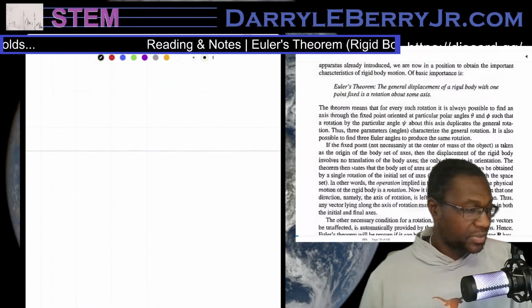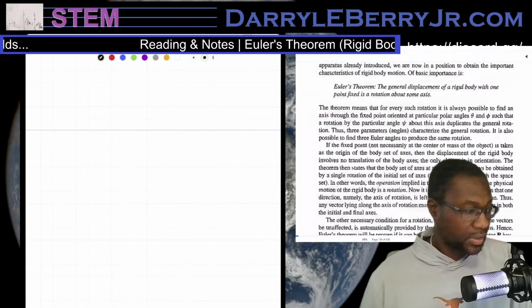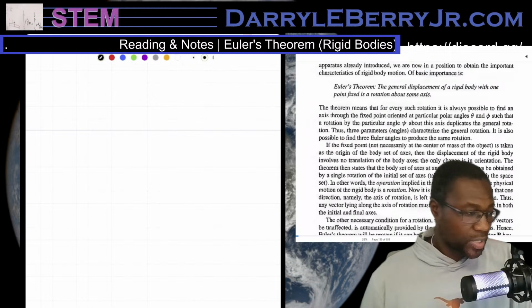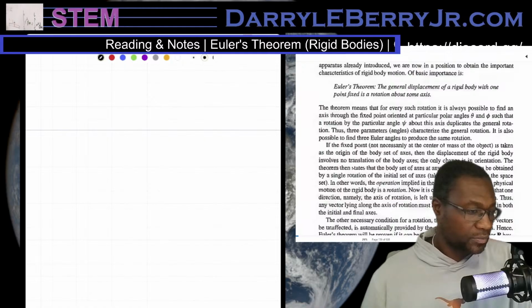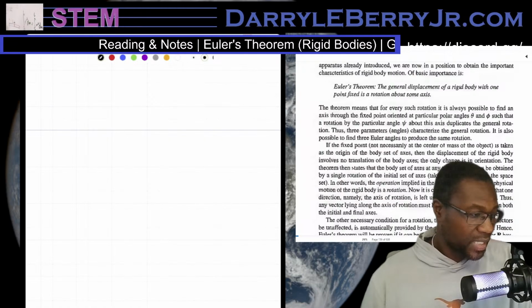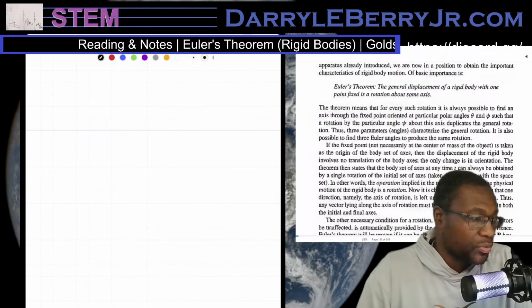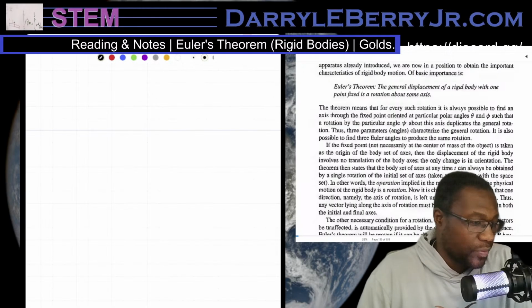The fixed point, not necessarily at the center of mass of the object, is taken as the origin of the body's set of axes. Then the displacement of the rigid body involves no translation of the body axis. The only change is in orientation. The theorem then states that the body set of axes at any time t can always be obtained by a single rotation of the initial set of axes, taken as coincident with the space set.